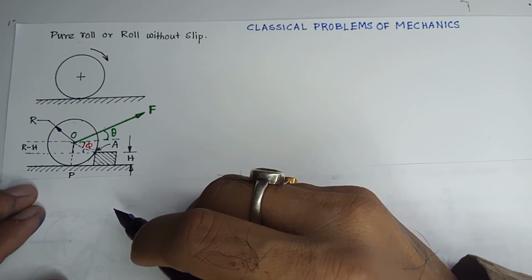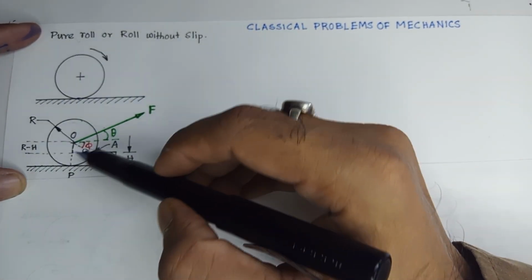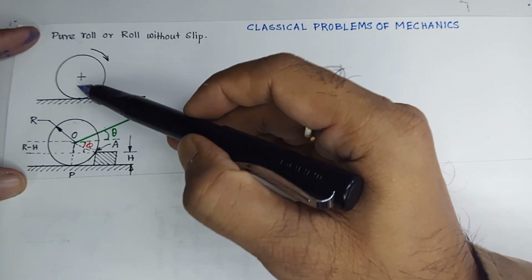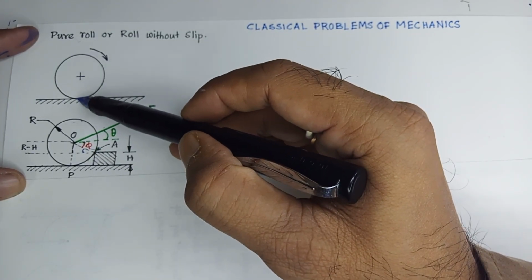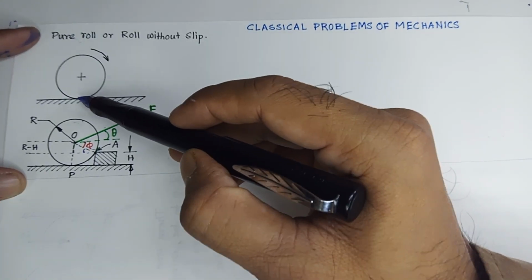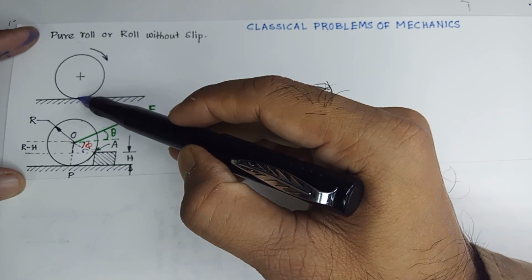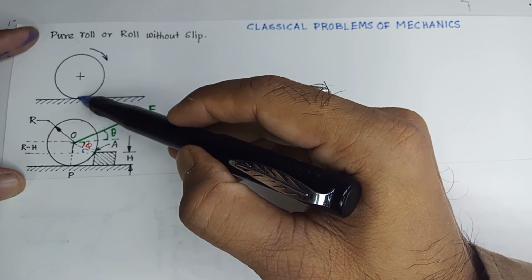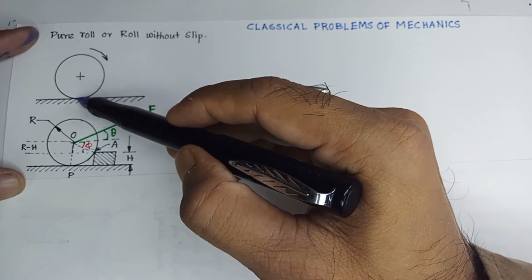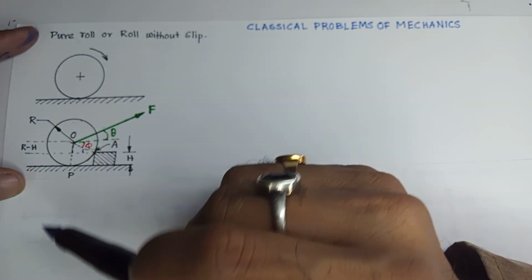Okay. Now, one thing that we have to understand for such a problem is that when the roller moves freely without any obstacle, at all instants the point at which it touches the ground has zero relative velocity with respect to the surface where it touches.